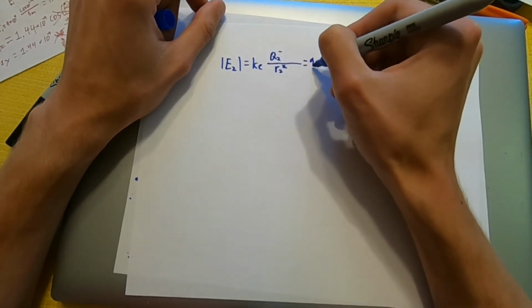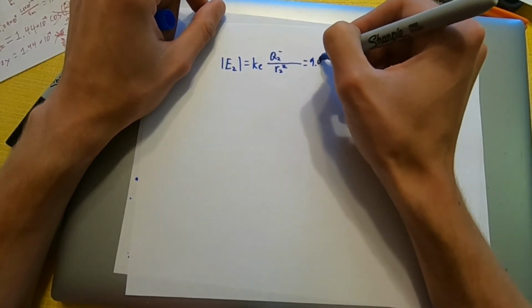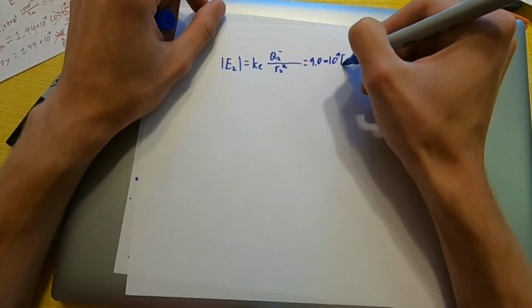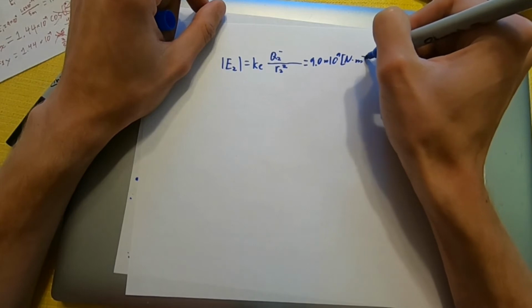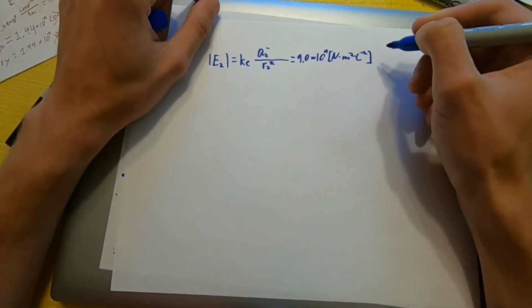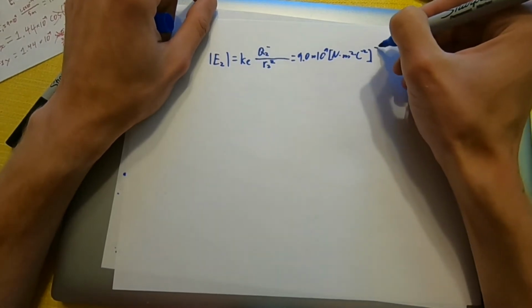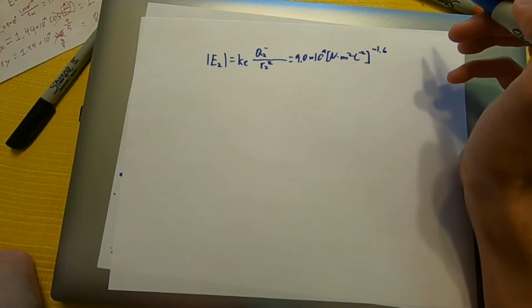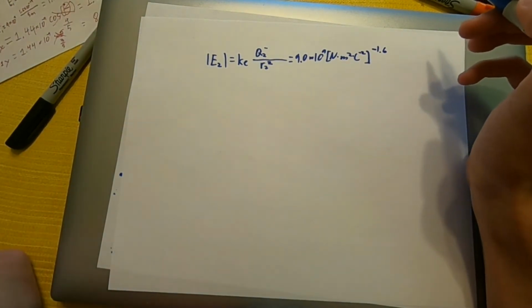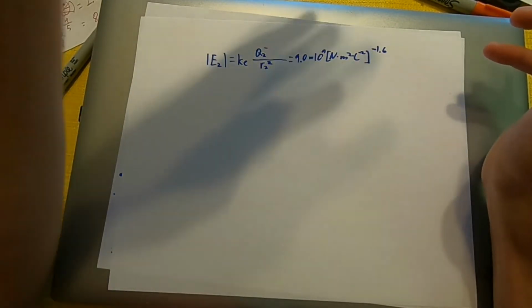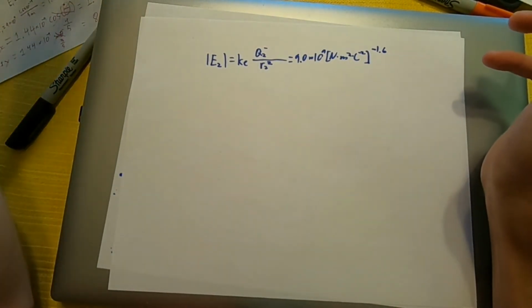That's going to be equal to 9 times 10 to the 9th newtons times meters squared times coulombs to the negative second times a negative 1.6. So now here, this is where our signs start to become important because we're also trying to figure out the direction of this charge.